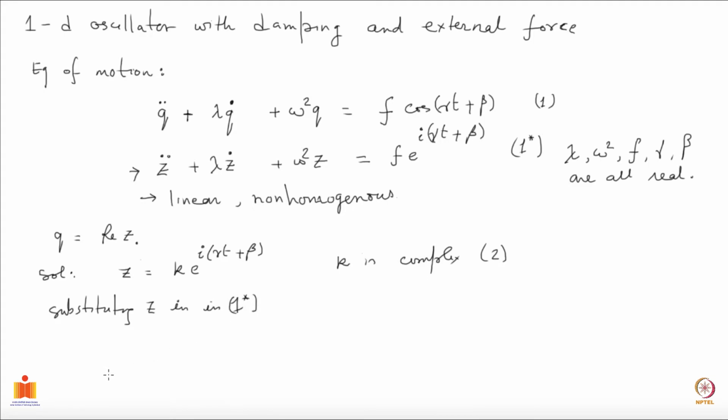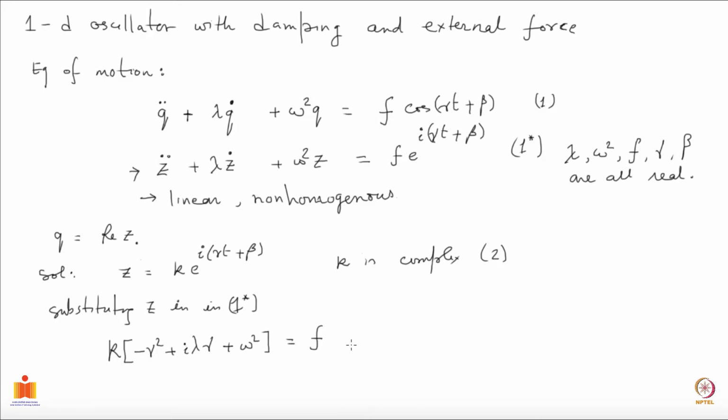So what do you get? I hope you have, meanwhile I was writing, you were deriving it. So you get minus gamma square plus i lambda gamma plus omega square, and this entire thing is equal to f.